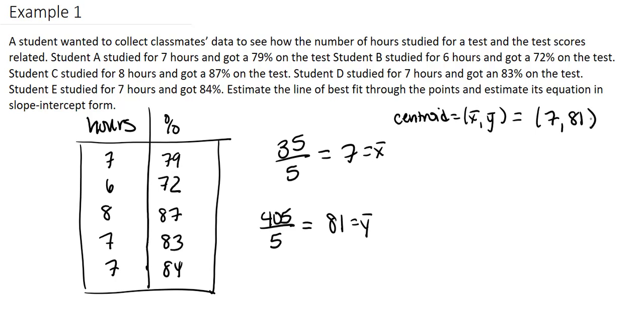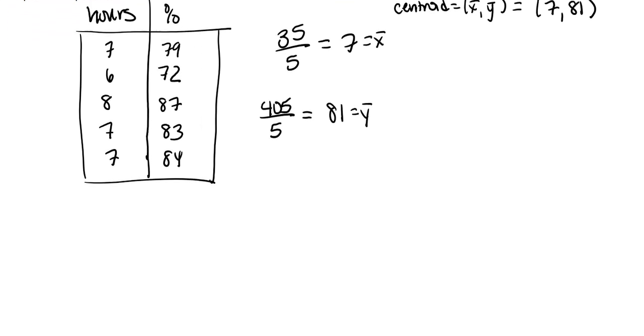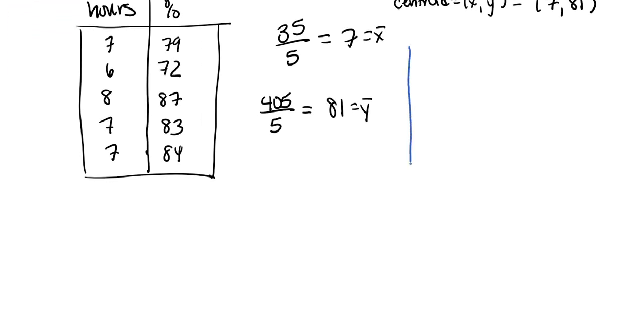Now, we need to go ahead and draw our plot. On our Y axis, let's just remove the first 60 points. We're just going to start at 70, and go 75, 80, 85, and 90.